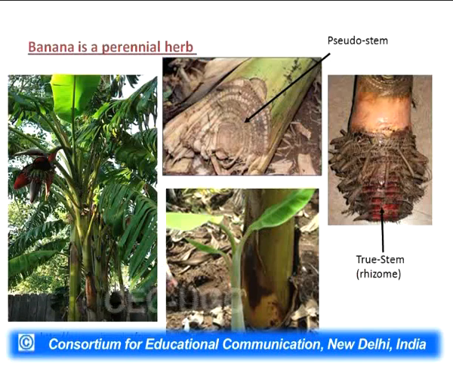However, this annual and perennial concept sometimes becomes difficult to define when we look at a plant like banana. Look at the plant on the left side, this is a full banana plant, and there is a flowering banana plant. The banana plant does not have a proper stem.